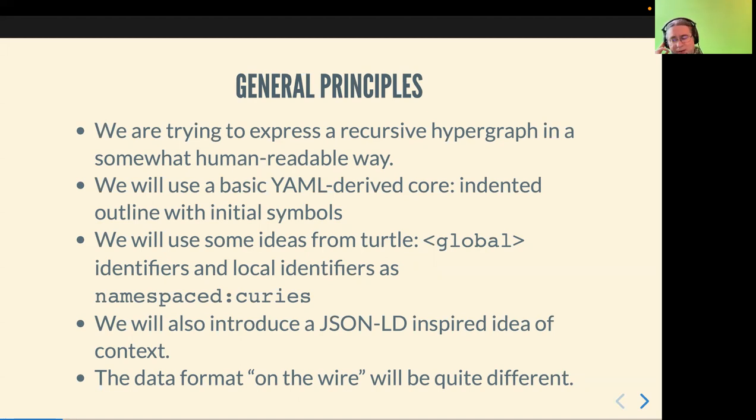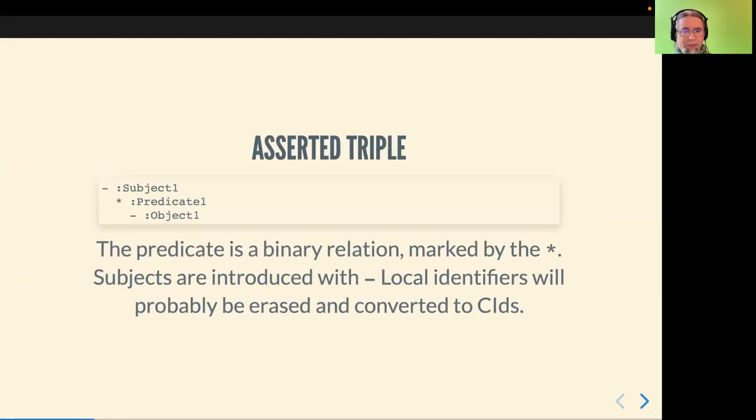The IPFS people don't really think that way, but they're URLs. It's a locator. It's not a server-based locator, but it's a locator.